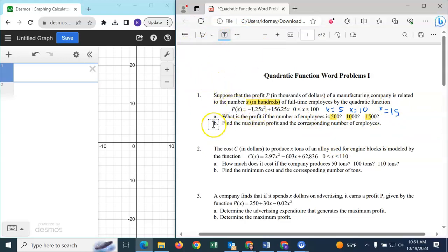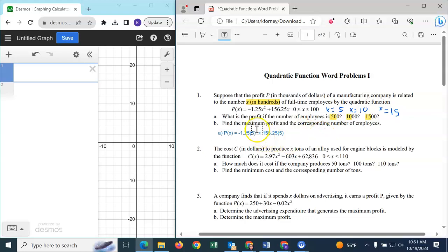So now for each of those pieces, we're going to substitute. So for A, you're going to have P of X equals the negative 1 1/4 times 5 squared, plus 156 1/4 times 5.